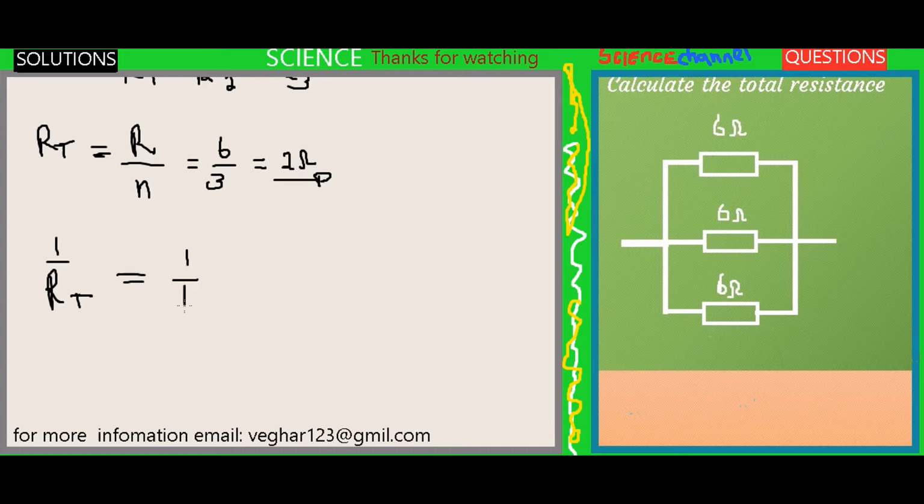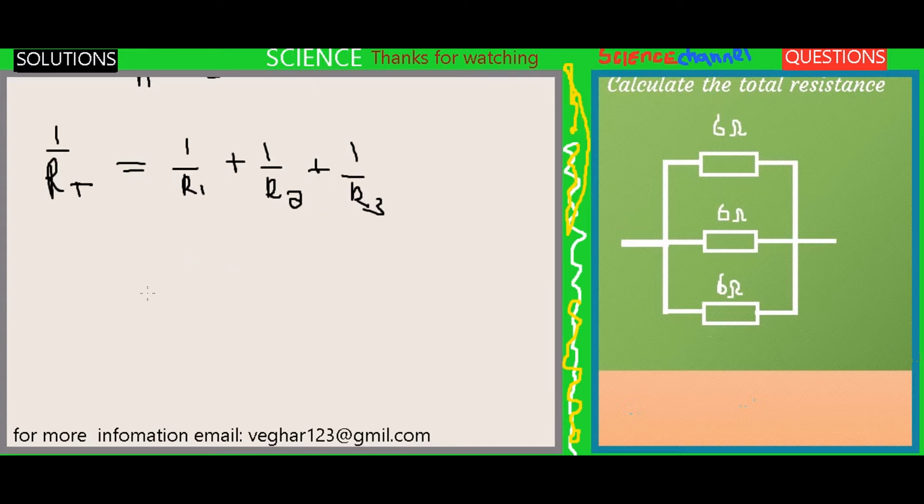Okay. If you have 1 over R1 plus 1 over R2 plus 1 over R3, and then all of them will multiply together: R1 multiplied by R2 multiplied by R3.